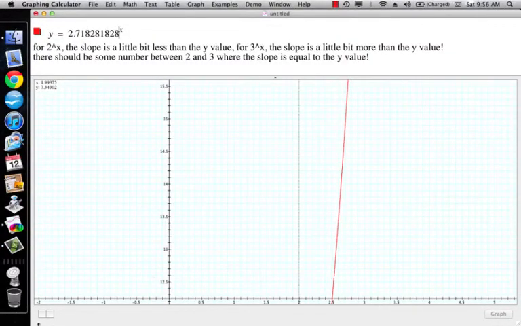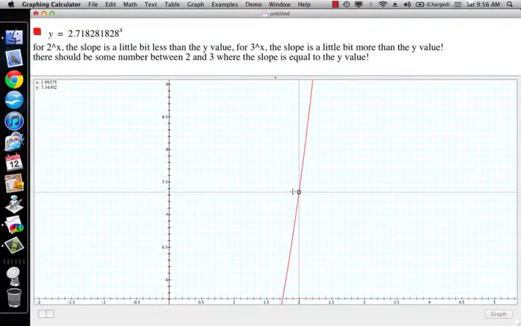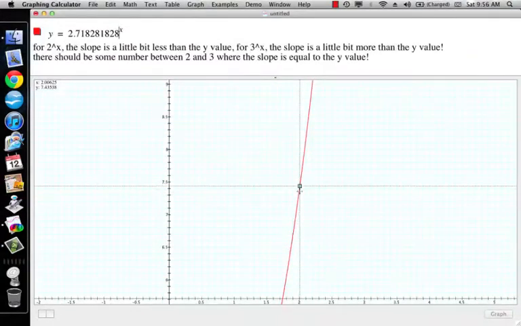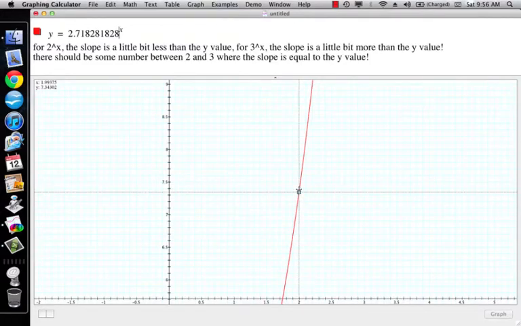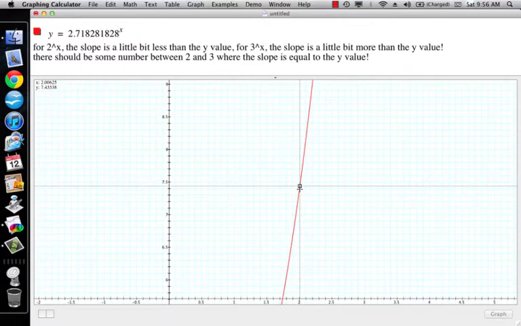Let's zoom there. I've got to write these down. So I'm at 2, 7.38906, and then I'm going to move it a little bit, and I'm at 2.00625, 7.43538.